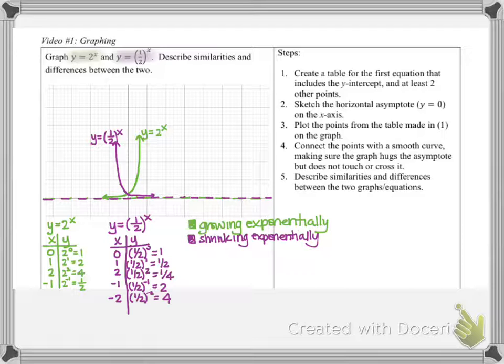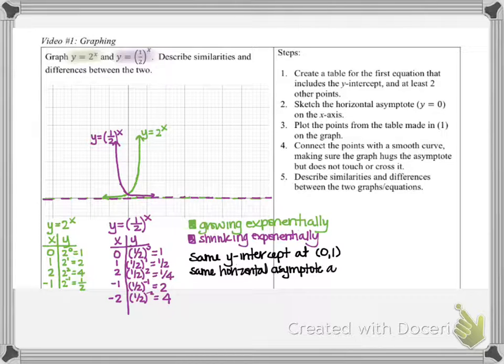I would say that they both have in common the same y-intercept at (0, 1). I would also say that they have the same horizontal asymptote, and that would be at y equals 0, so it's on the x-axis.